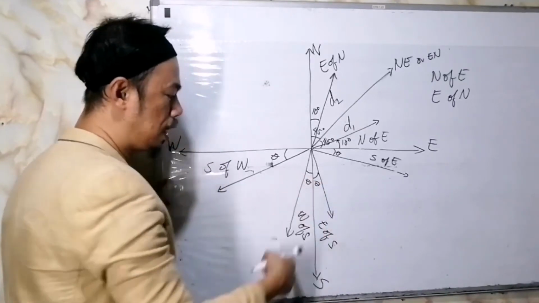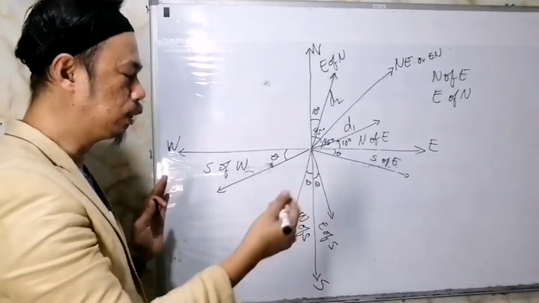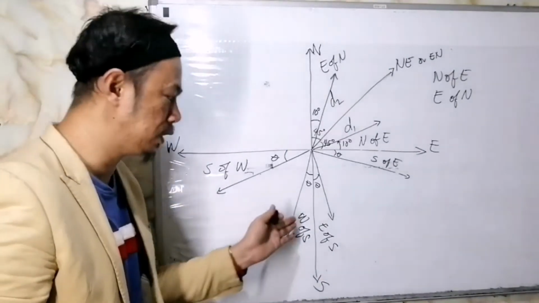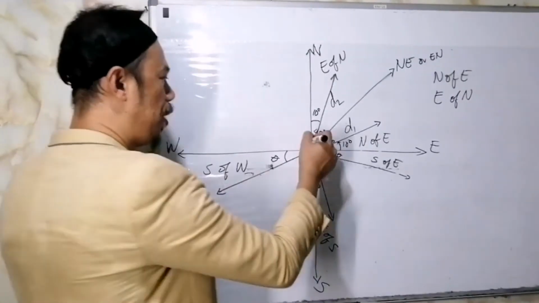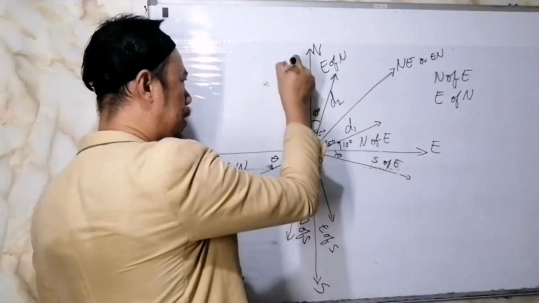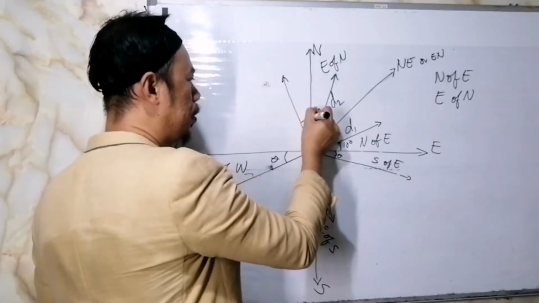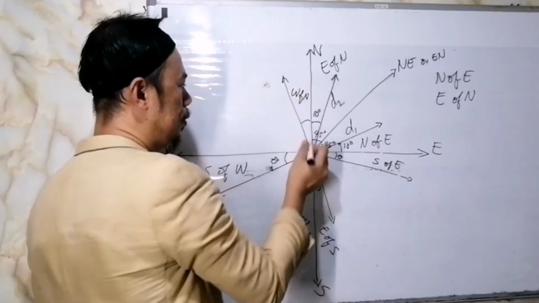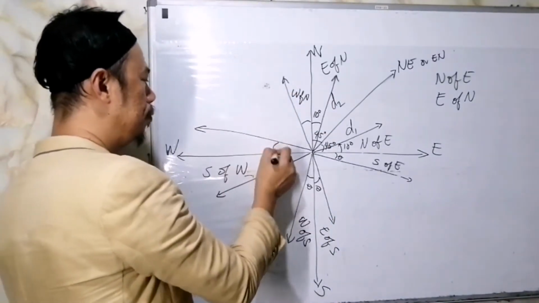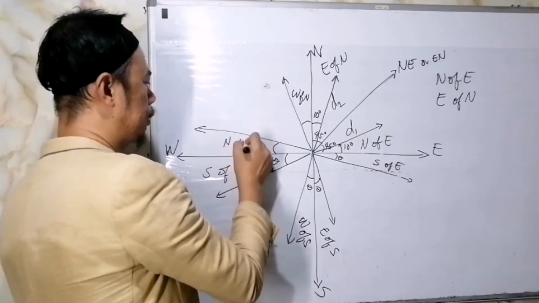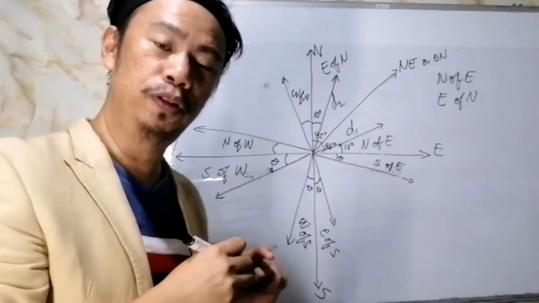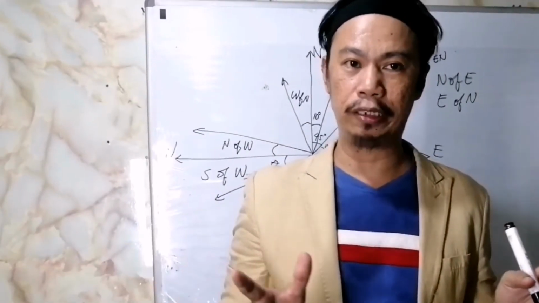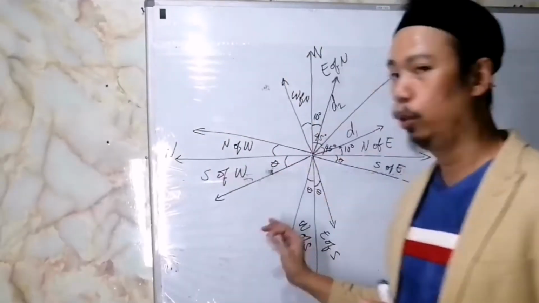The theta is somewhere on south, that's why west of south, going to west. On the other way around, for the last quadrant, we have here north. We have here west of north, and then north of west.